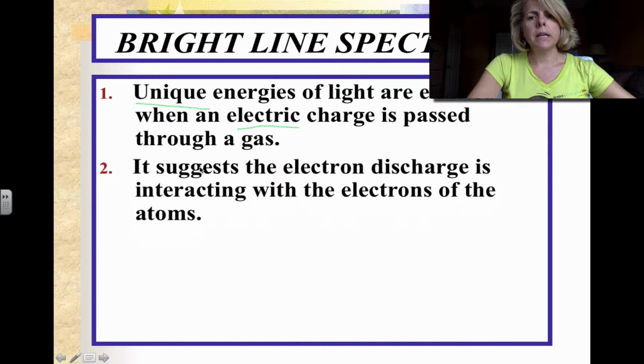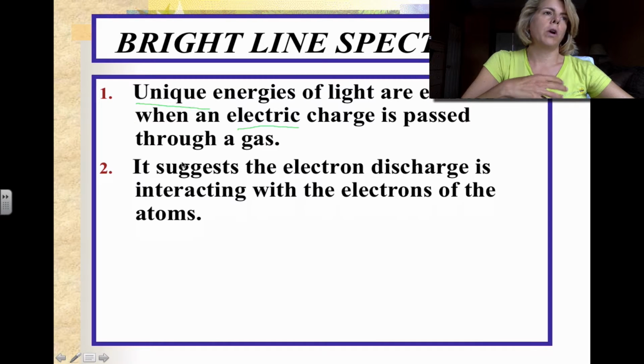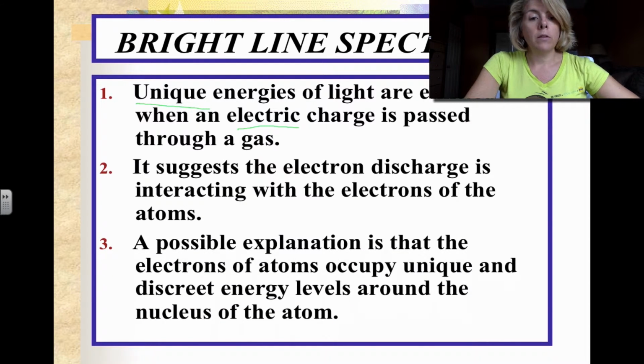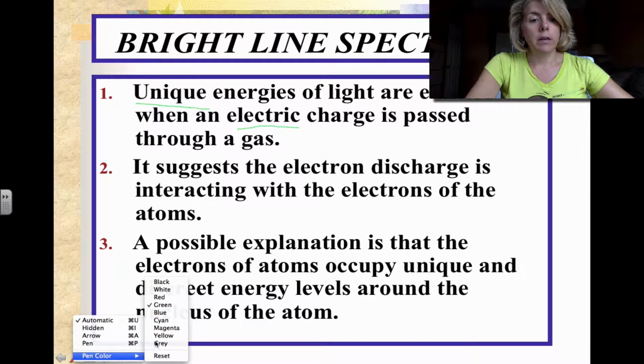What's happening is the electrons within that element are being probed, or I don't want to say stirred, but they're essentially being electrified and disturbed. When they are, they give off a certain color of light, and we're going to talk about how you get that color of light.